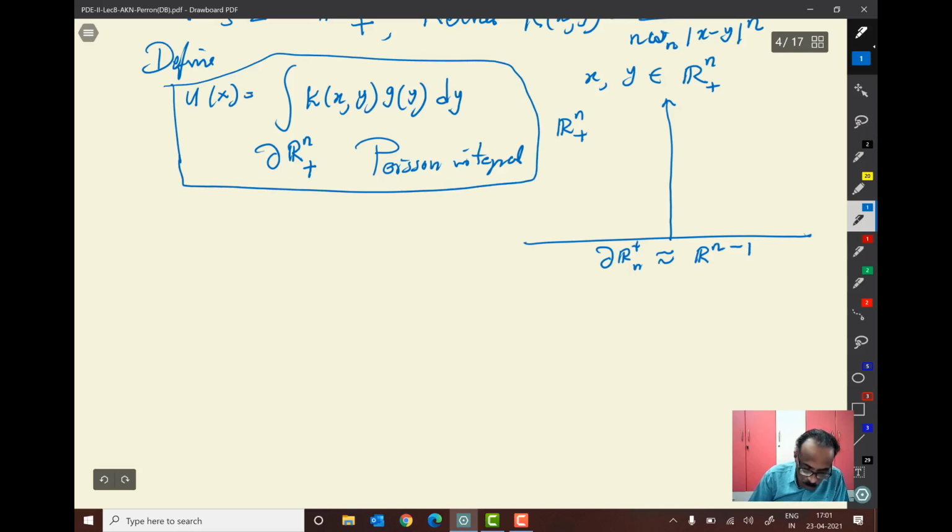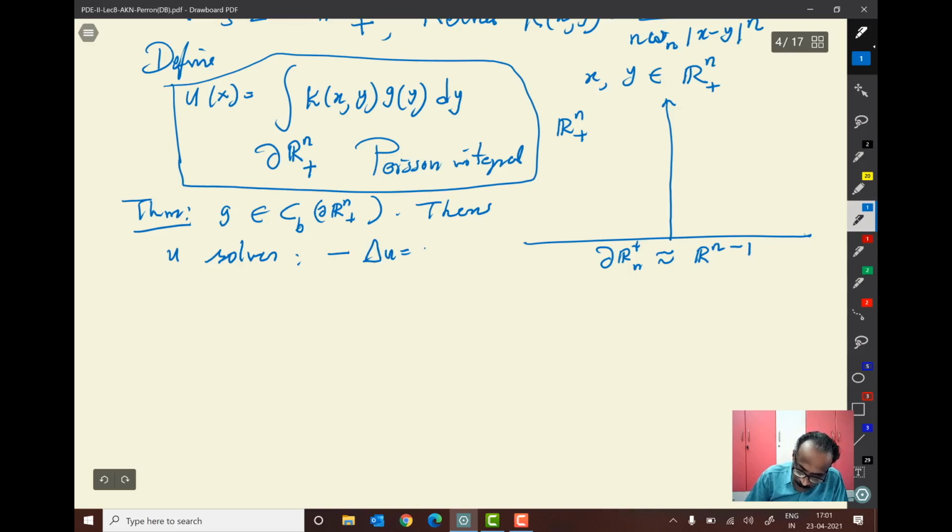And then you have proved a theorem. What we have proved: if g is a bounded continuous function on the boundary of Rn plus, then u solves minus Laplacian of u equal to 0 in Rn plus and u equal to g on the boundary.